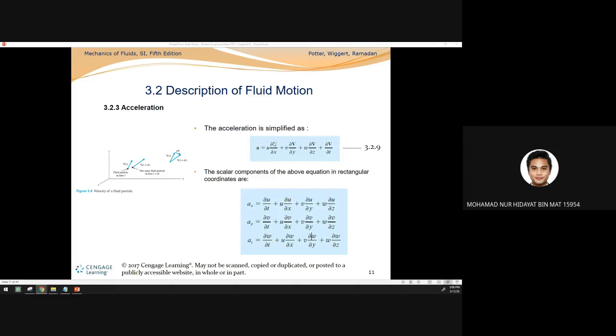Remember, we have a difference between capital V and small v. Capital V is for the overall velocity vector. This small v refers to the velocity in the y component, u refers to the x component, and w refers to the velocity in the z component. So x refers to u, y refers to small v, not capital V, and z refers to w. This is the magnitude of velocity.